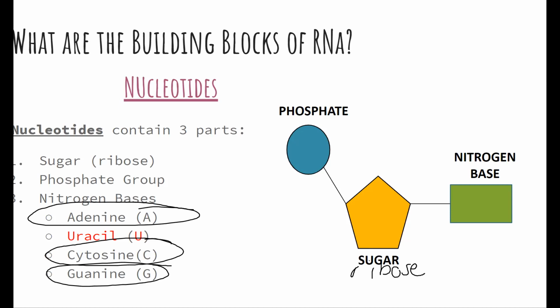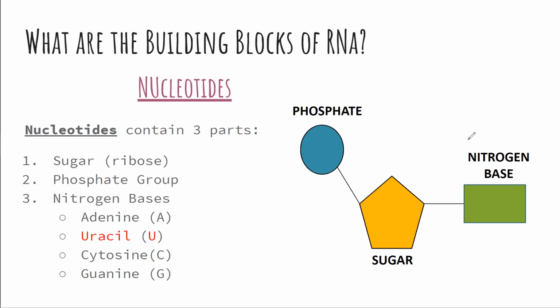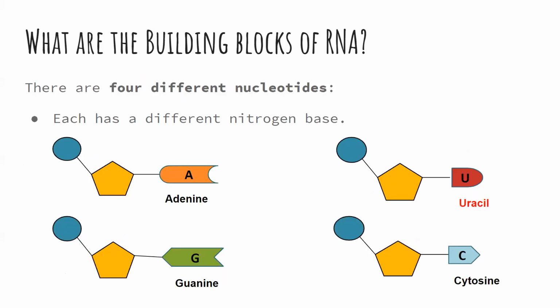DNA had thymine, but RNA has uracil. So DNA has T's, and RNA has U's. So there are 4 different kinds of RNA nucleotides.